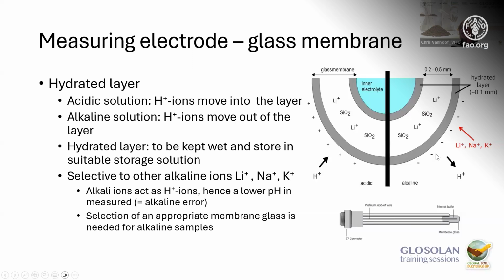On the other hand, when you have an alkaline solution, the hydrogen plus ions will move out of the layer. And when they move out, you get a negative potential. If they come in, you get a positive potential. As the inner electrolyte is a stable solution where you have a stable pH, you get a potential difference between the inner layer and the outer layer, which is a measure for the pH value.